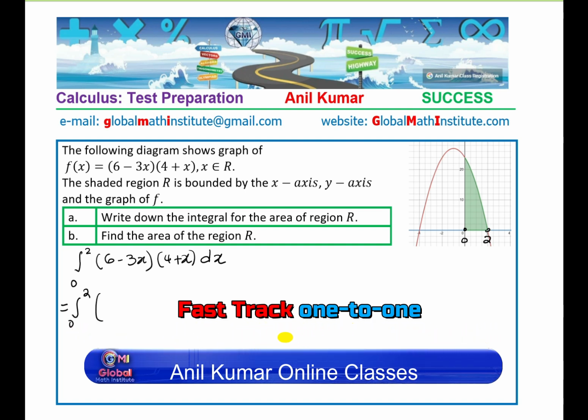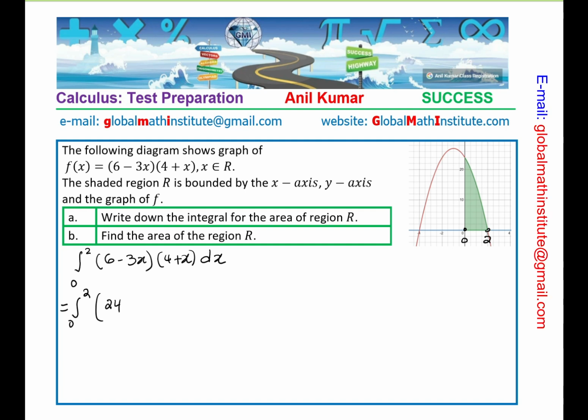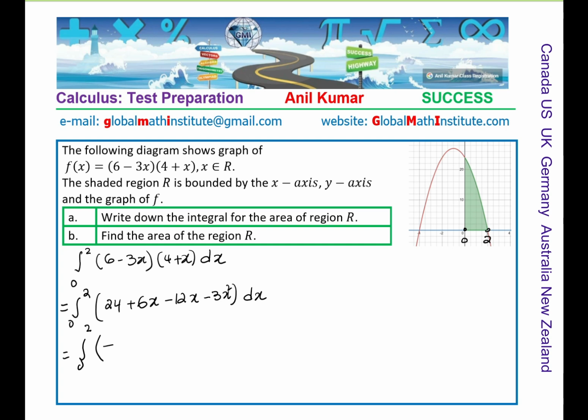We get 6 times 4 is 24, minus 6 times x, let's write 6x first, then minus 12x and minus 3x squared. And that gives you the area from 0 to 2. Let's simplify this. We can write minus 3x squared and, for the x terms, we got minus 6x plus 24.